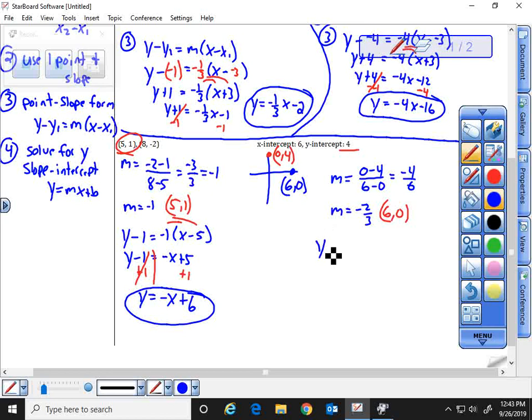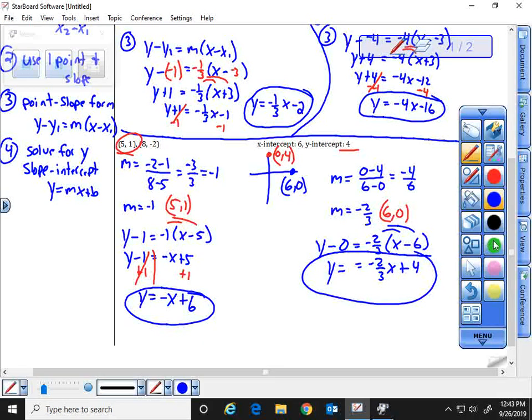And so it'll be y minus the y sub 1 equals the slope, and then the x minus x sub 1. So this is already solved for y when I subtract 0 from it. And then I'm also going to distribute -2/3 throughout. Like so.